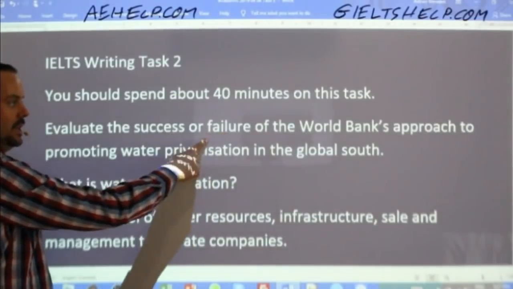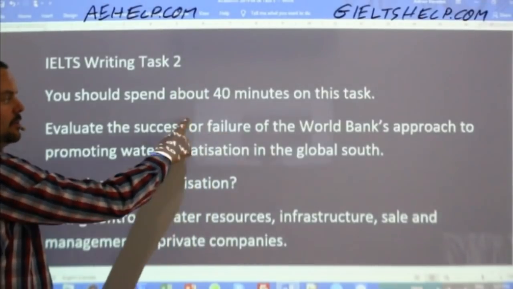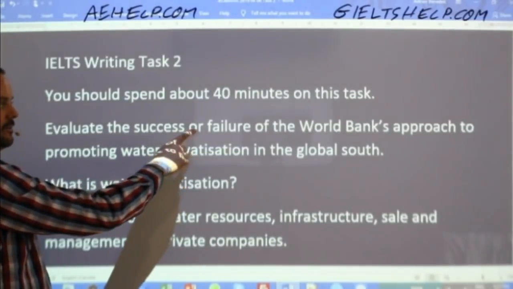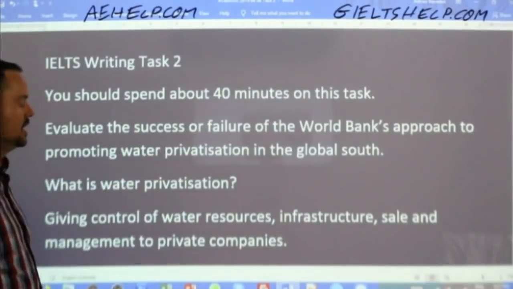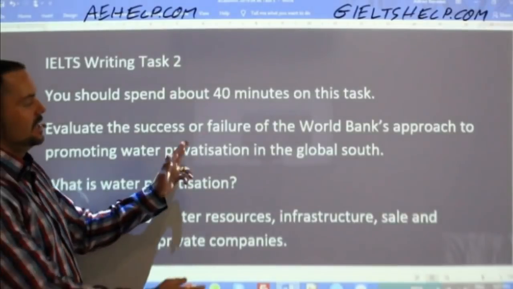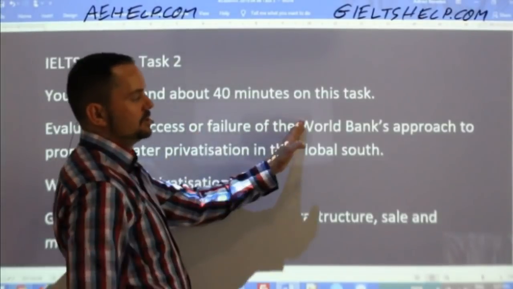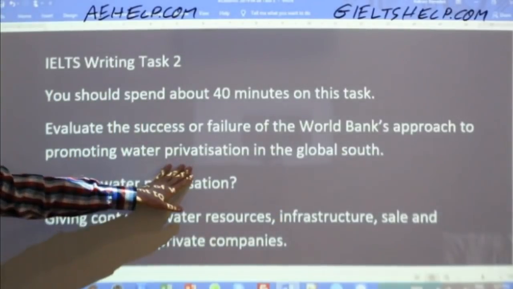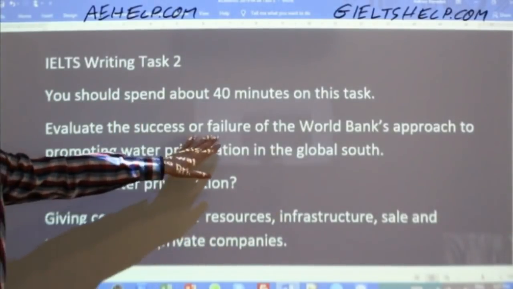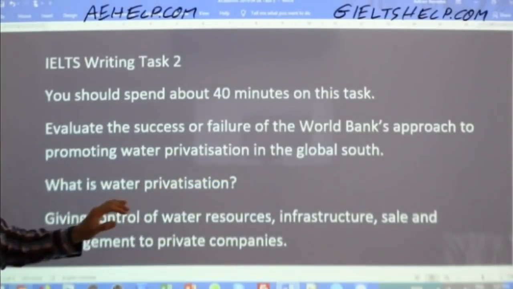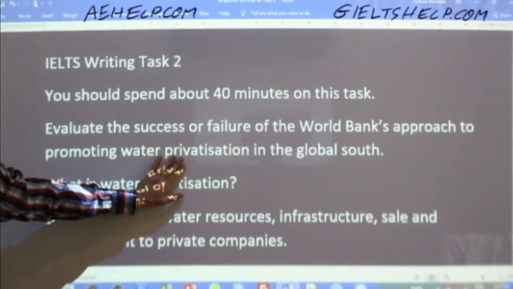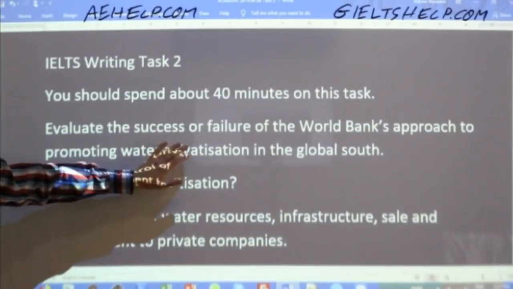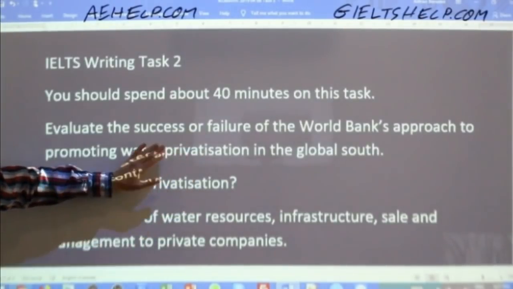Be really careful with that coordinating conjunction. Or and and are very different words, okay? So here we're saying it's a failure. So the World Bank's approach to promoting water privatization is a failure in the global South because there's a lack of companies and thereby a lack of supply.